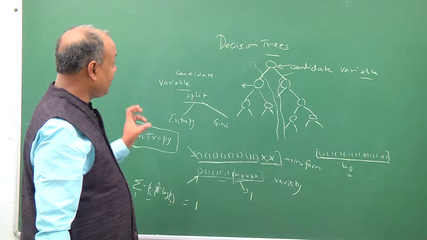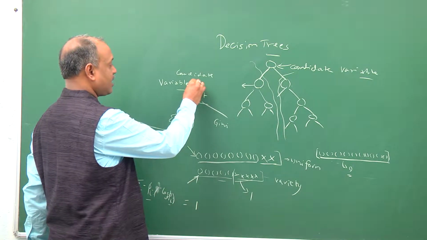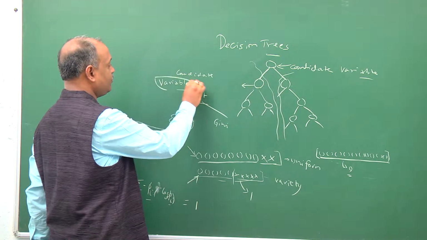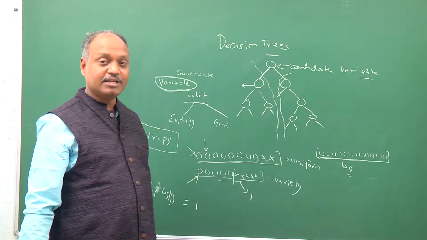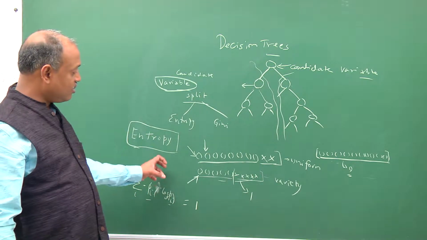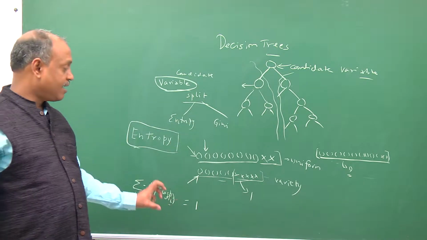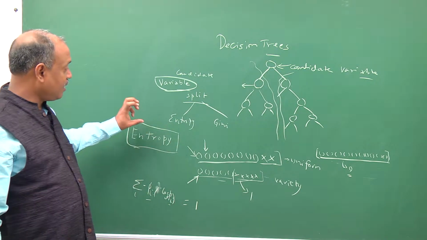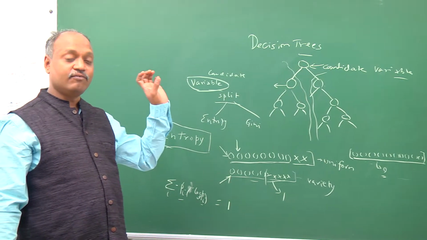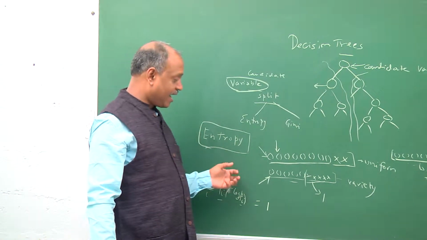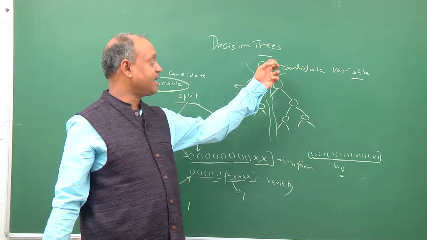When you use entropy as the concept for determining the candidate variable, you look at all the candidate variables with assignment to a particular value and compute the corresponding entropies, to see how the entropy plays out for that particular split. That will determine which candidate variable value combination gives you the highest change in entropy, also called information gain, and that is chosen as the candidate variable here.